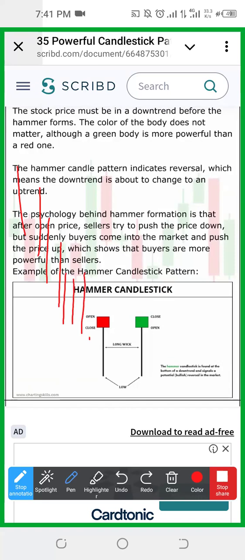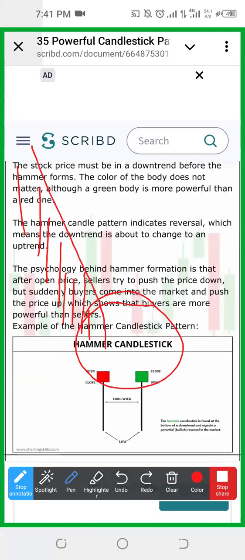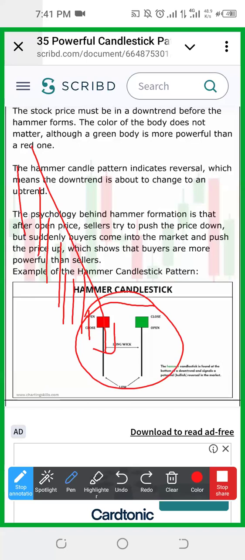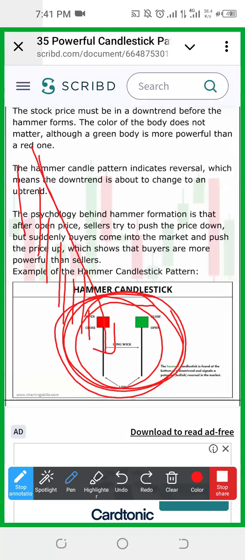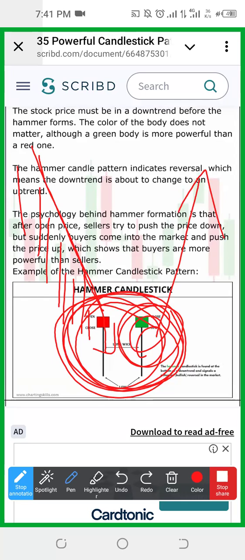Then at the bottom of this downtrend, you now spot either of these two candles. Then it is showing that it is a bullish reversal pattern. It means the downtrend is about to end, and the buyers have started to step in to push the price the other way. So this is how the hammer is.